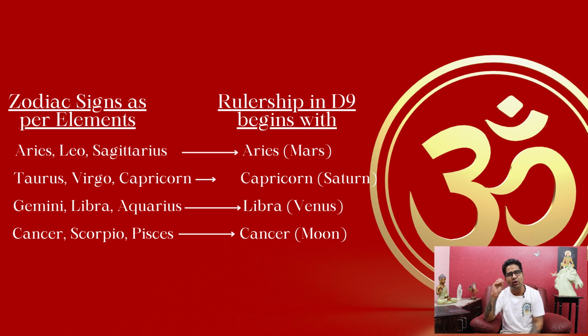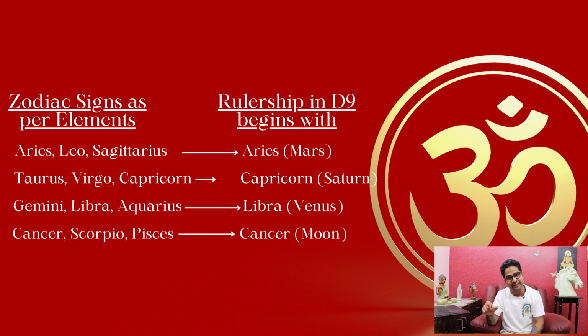So guys, when we talk about dividing the zodiac sign into 9 equal parts, always remember that for the fire signs, the very first division in the D9 calculation will always start with Aries, which is ruled by Mars.